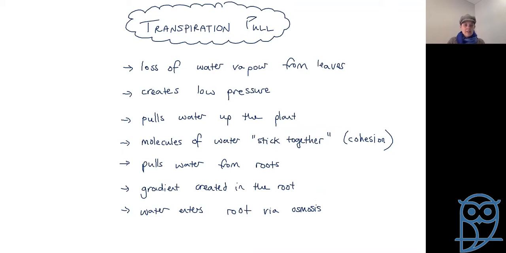So let's just have a little bit more talk about the little technical details that happen then on the way. So in the root, starting with the root hair cell. Here, of course, you have your osmosis.